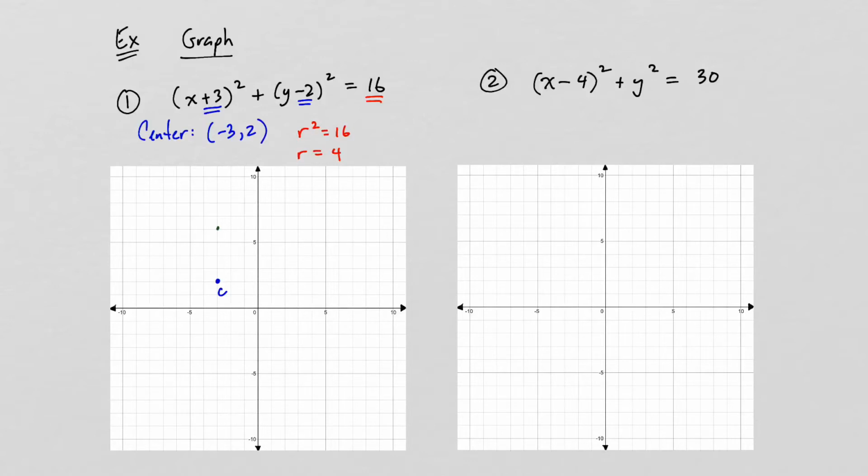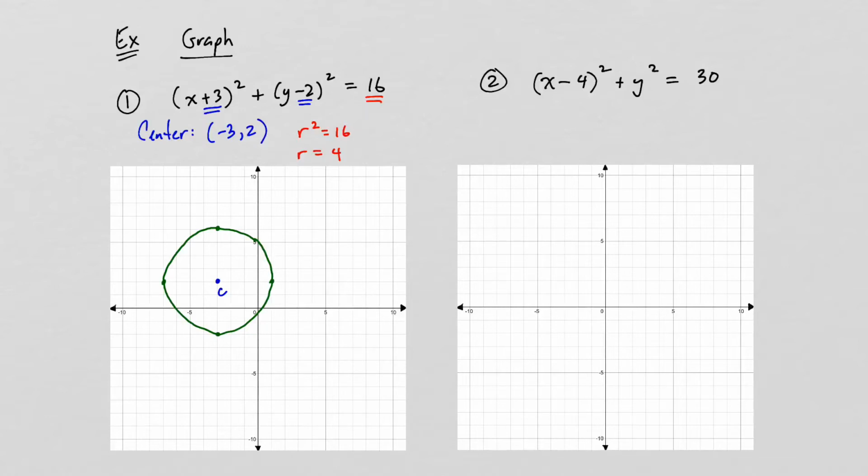And we'll put points at all of those locations. I'm going 4 units because the radius of the circle is 4 units. Once we have those 4 points, just sketch the best circle that you can. It doesn't have to be perfect. My circle here certainly is not perfect, but this is good enough.